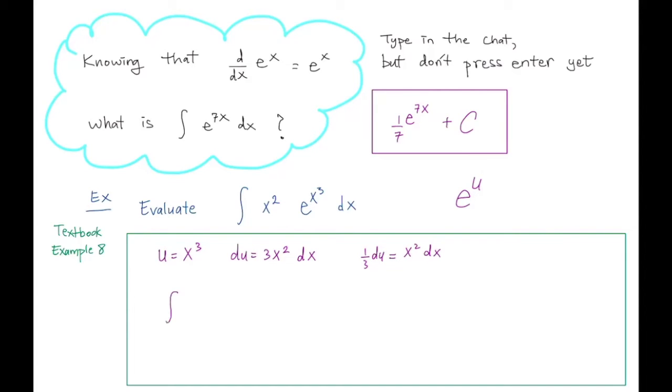So I have now the integral of e^u times 1/3 du, and I get just e^u plus c. And I just need to substitute back x cubed in place of u.